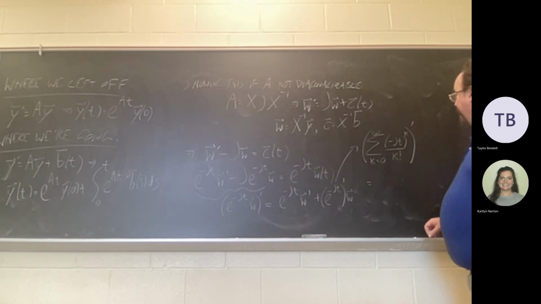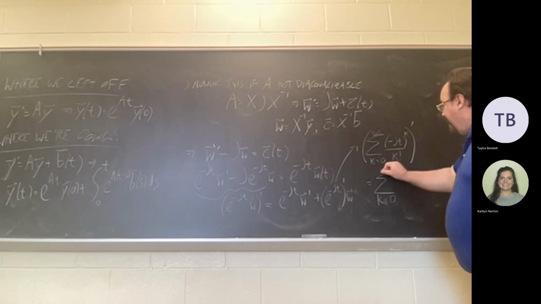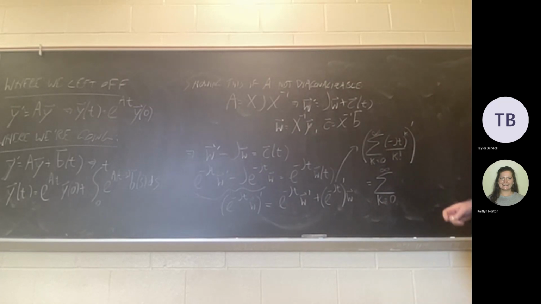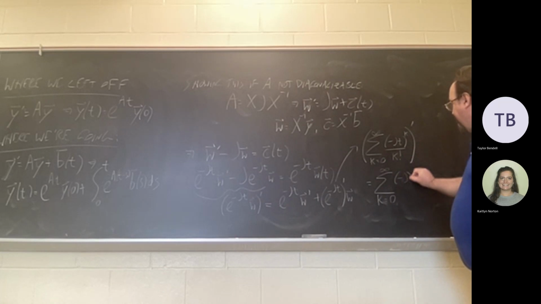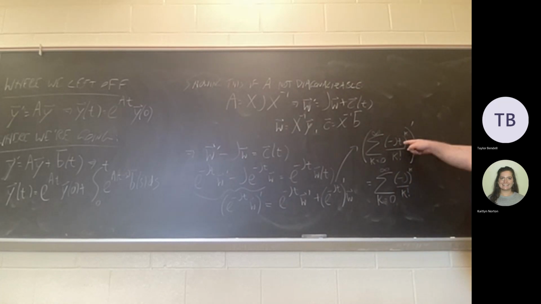Anything that doesn't depend on t, I can just pull out of the derivative. So the summation, and then we have minus j to the k over k factorial. Then I'll take a derivative of t to the k, but that's going to be k t to the k minus 1.